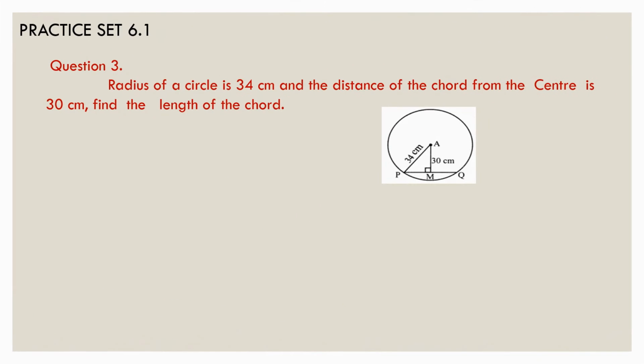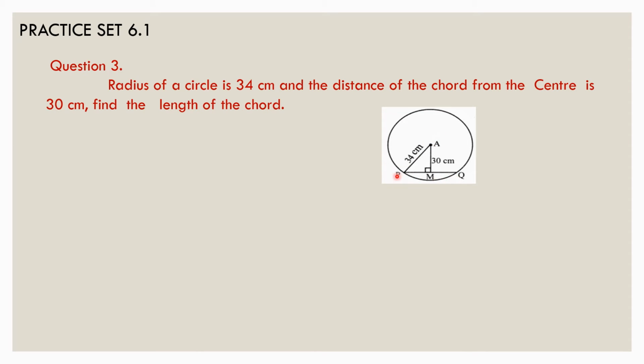Question number 3. The radius of a circle is 34 centimeter and the distance of the chord from the center is 30 centimeter. Find the length of the chord. First draw the figure. In this figure, A is the center of a circle and PQ is the chord of the circle.